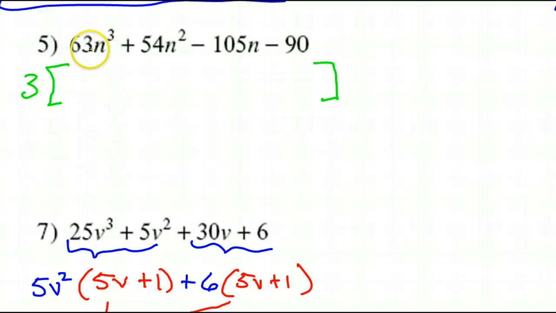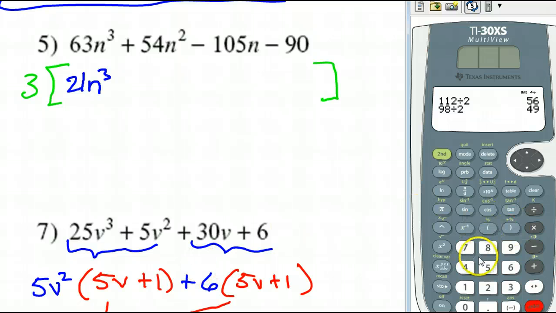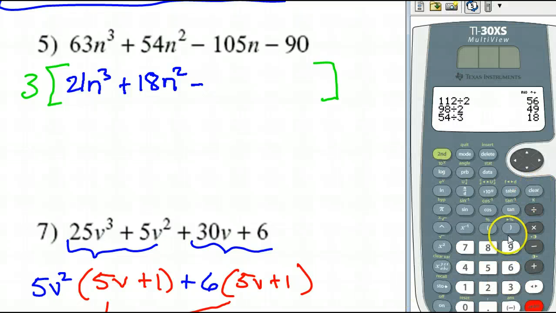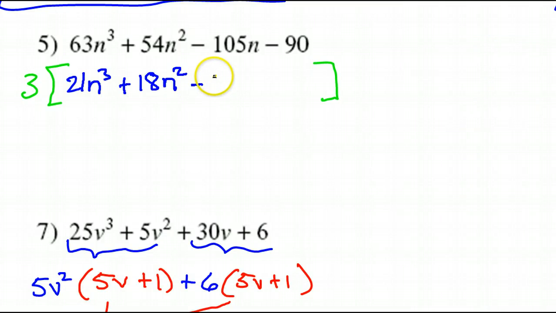63 divided by 3, that's going to be 21. So I will have 21 n to the third power. 54 divided by 3, that's 18. So I've got plus 18 n squared minus 105 divided by 3, that's 35.